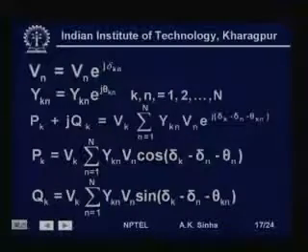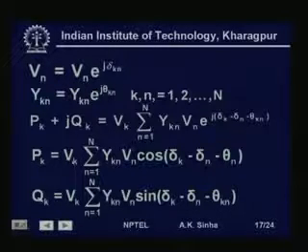That is, the real and reactive power equations are given like this. These equations are relating the real power and the reactive power with voltages at various bus bars V k, V n, where n is changing for all the bus bars, and y k n, the admittance which is connecting the bus k to all the other bus bars.